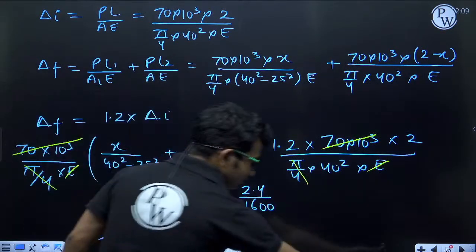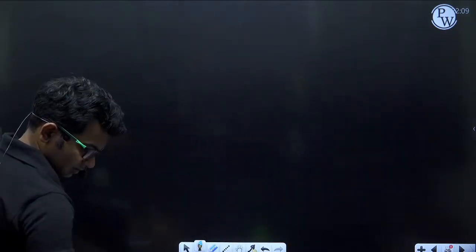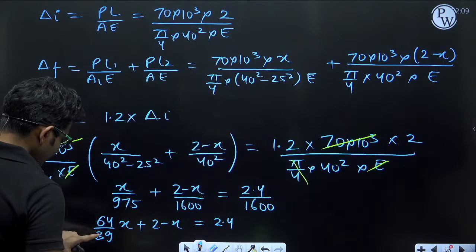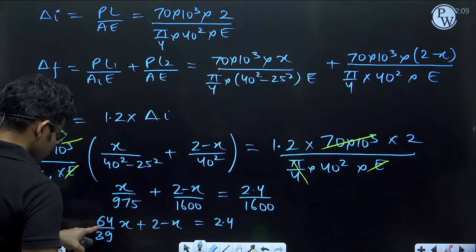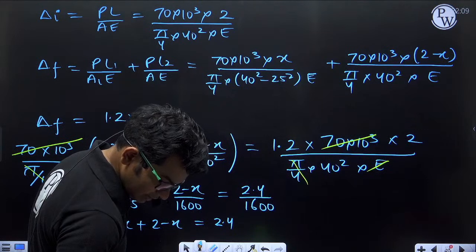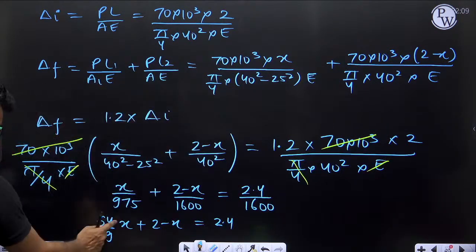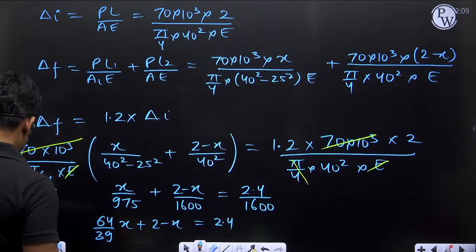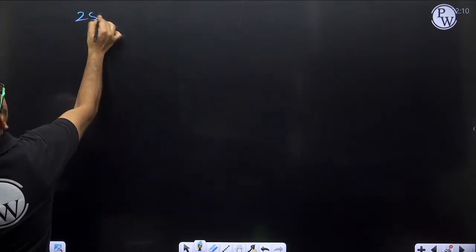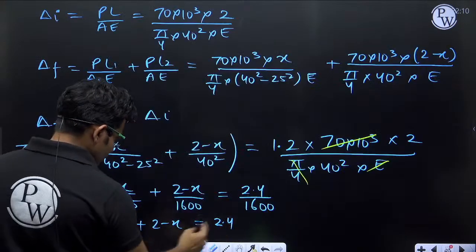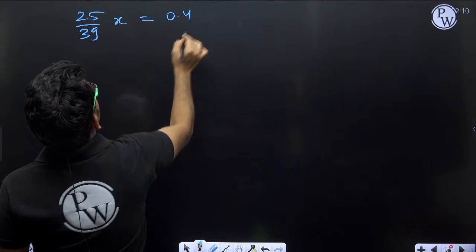Let us add one more slide. Now let us see what we are getting. So 64 by 39x minus x. So 64 minus 39, 25. We'll be left with 25 by 39x, which will be equal to 0.4.